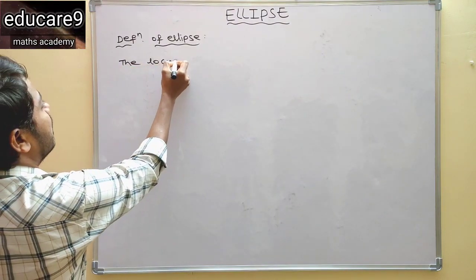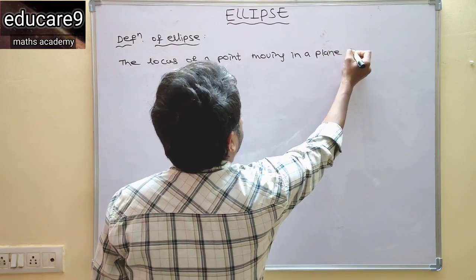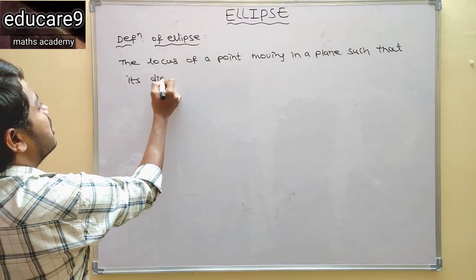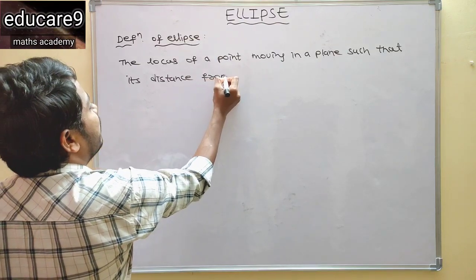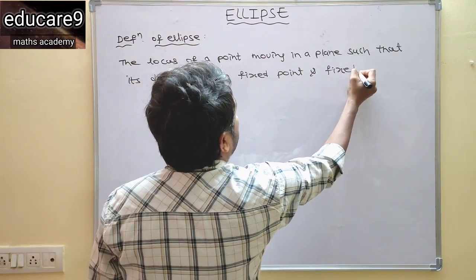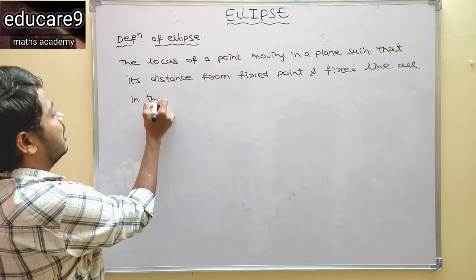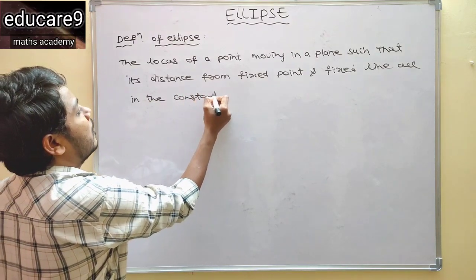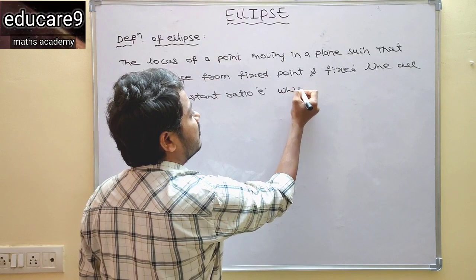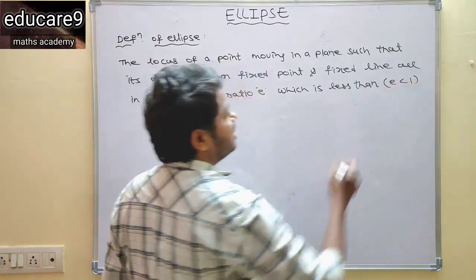The locus of the point moving in a plane such that its distances from a fixed point and a fixed line are in the constant ratio e, which is less than 1, means in brackets e is less than 1.